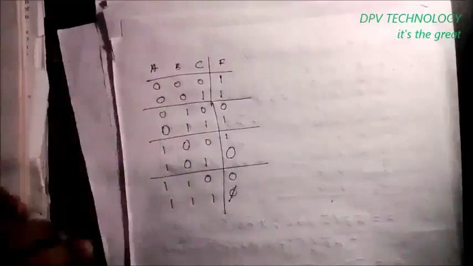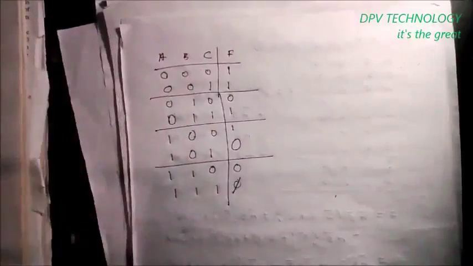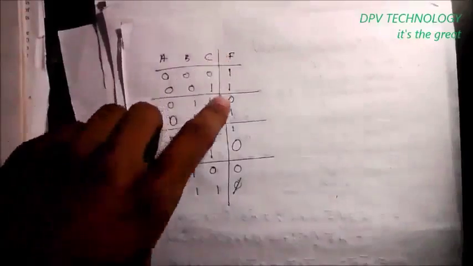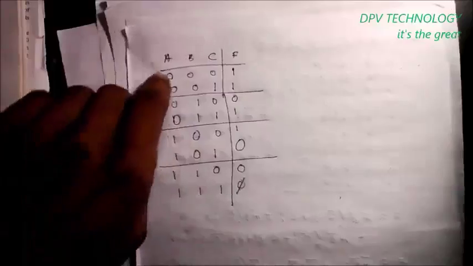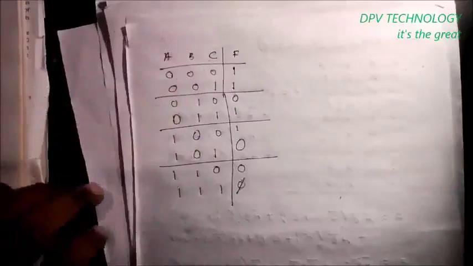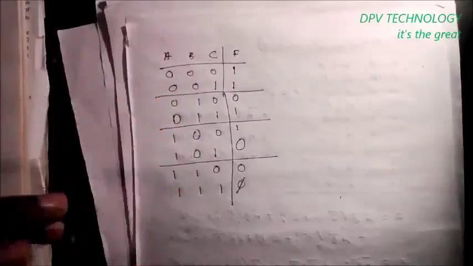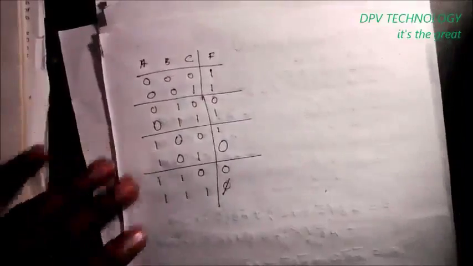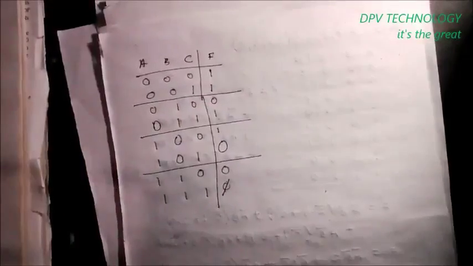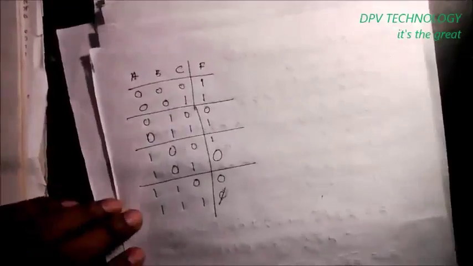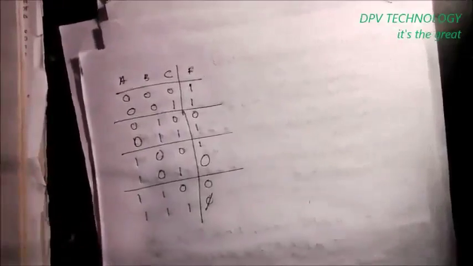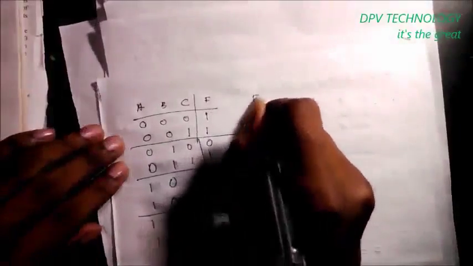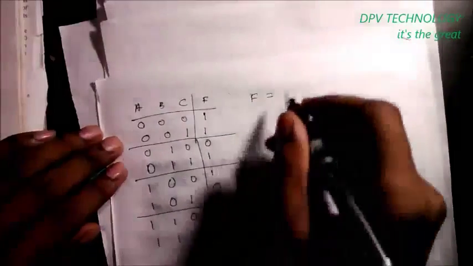So here we have this example. We have this function dependent on the variables A, B, C. Now first we have to make this table. How to make the table map? You can do it the same as in the previous case.